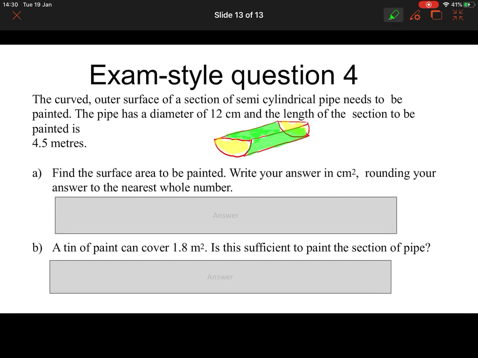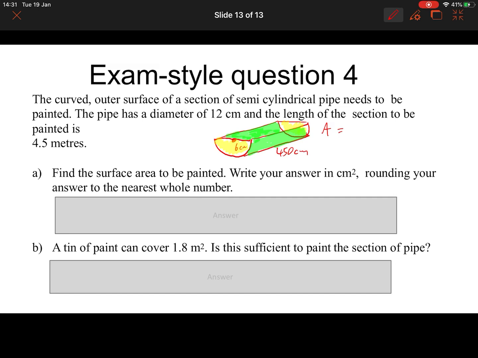Okay, now hopefully you've realised that the area of the green section is literally going to be the length of the pipe, which is 4.5 metres. But the pipe has a diameter of 12 centimetres. So I'm mixing up dimensions there. I need to make sure I use the same. So I'm going to change it to 450 centimetres, and diameter of 12 centimetres means a radius of 6 centimetres, okay?